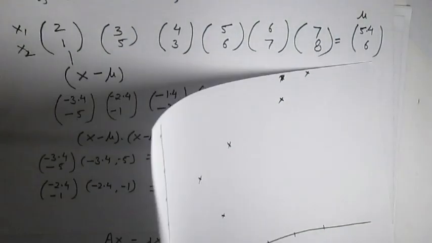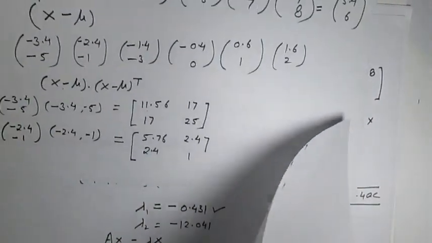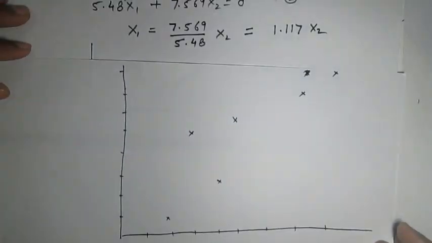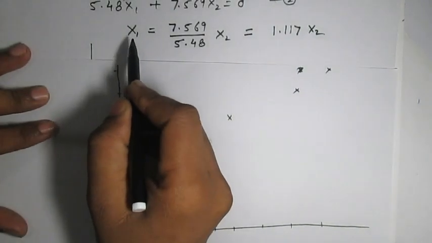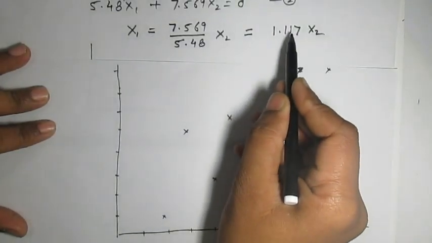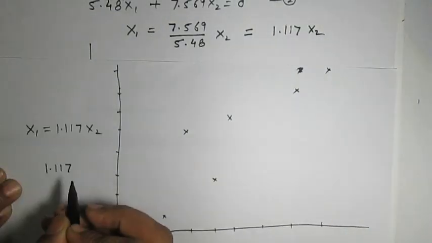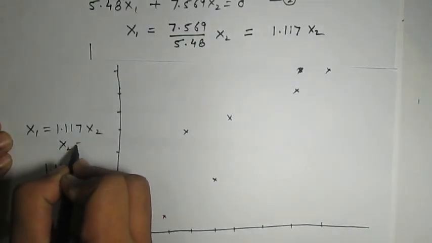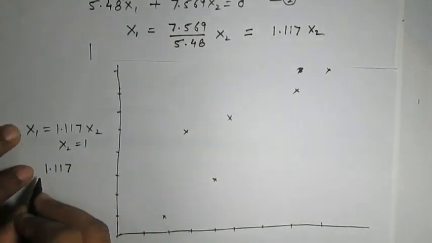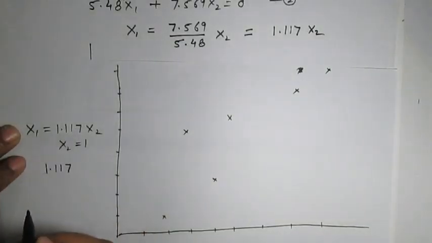Now let us find the line by taking the first principal component. This value was x1 equal to 1.117 x2. If we take x2 equal to 1, then x1 will be 1.117.